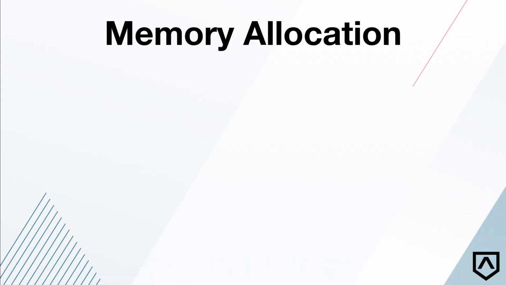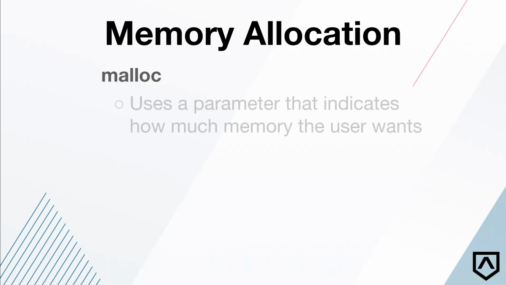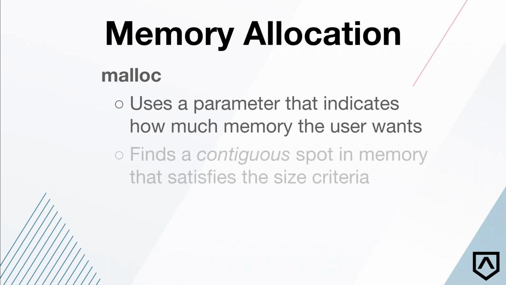The other operation that you will probably find yourself doing often when working with pointers is manual memory allocation. You will have to create a block of memory that is the specific size that you want it to be. We do this with a function called malloc. Malloc takes in one parameter, and that parameter is the amount of bytes, so how much memory in bytes the user wants to allocate for some purpose.